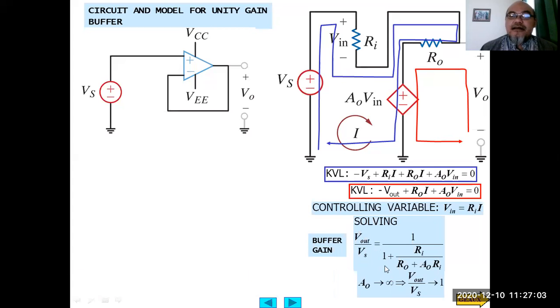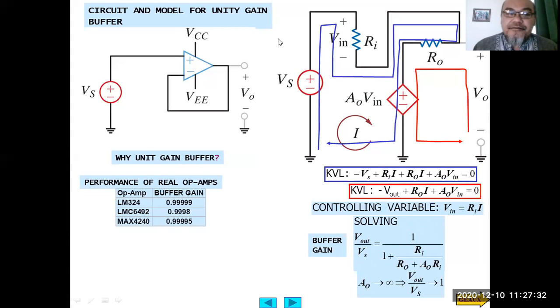When AO reaches infinity, meaning very large, an ideal op-amp should have very large gain. In reality, as you have seen in the table in the previous slide, it is hundreds of thousands or 1 million, but not infinity.